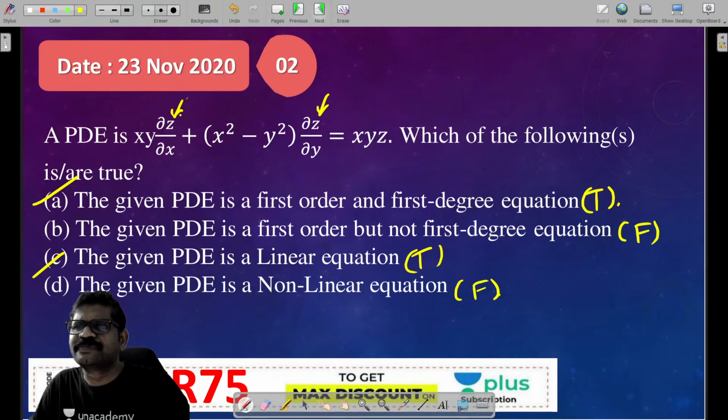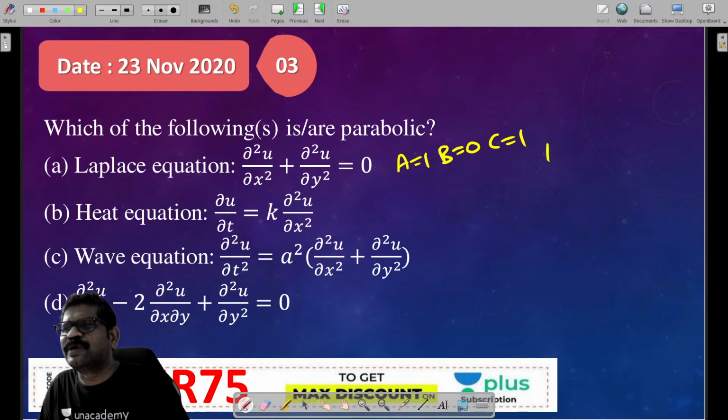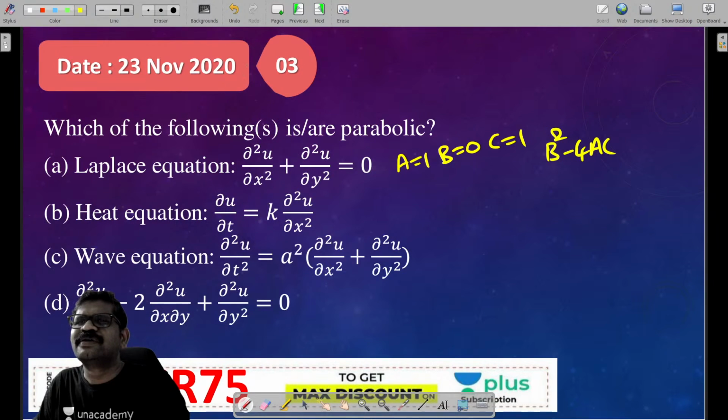Next, which of the following is parabolic? So in each and every option you have to check b square minus 4ac. Compare a value 1, b value 0, c value 1. I'll check option wise.